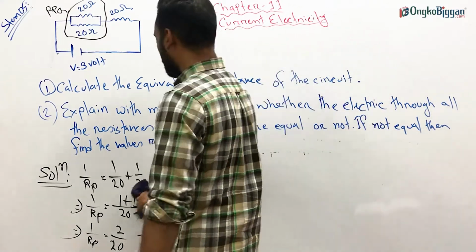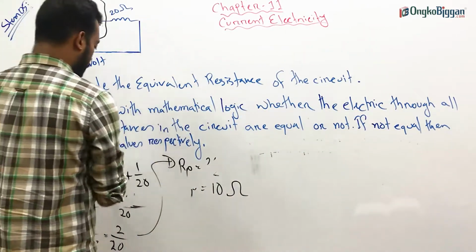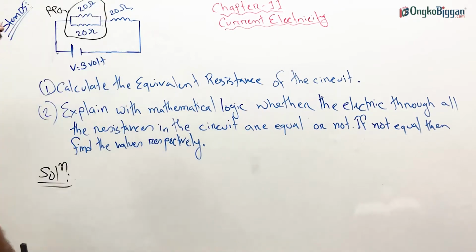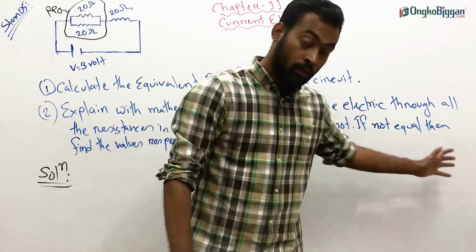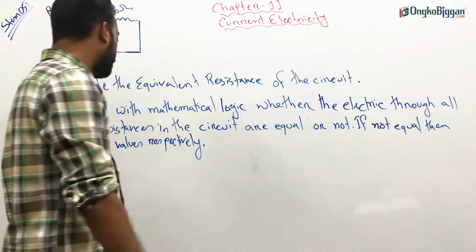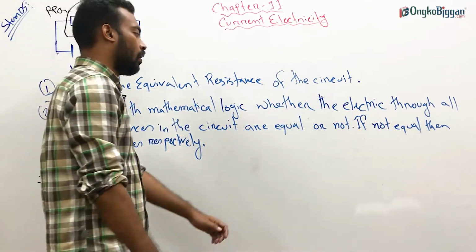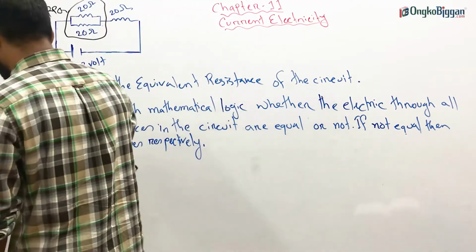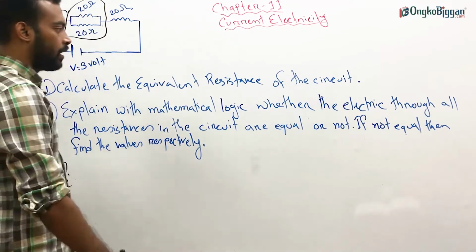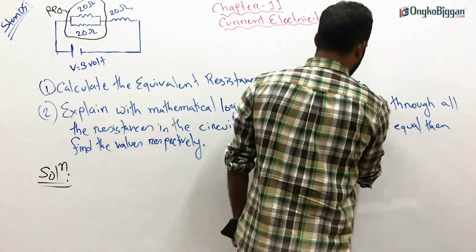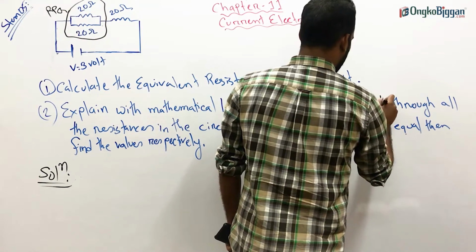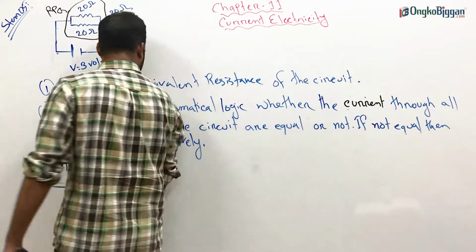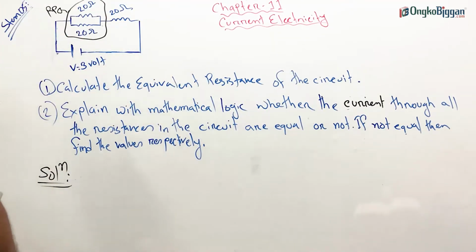But the tricky part is the second question. So let's do the second question. Here it says that we need to explain mathematically whether the current through all the resistances in the circuit are equal or not.